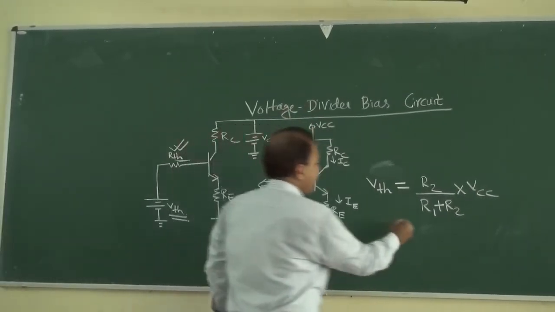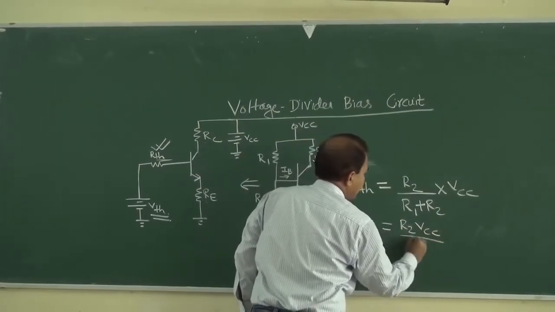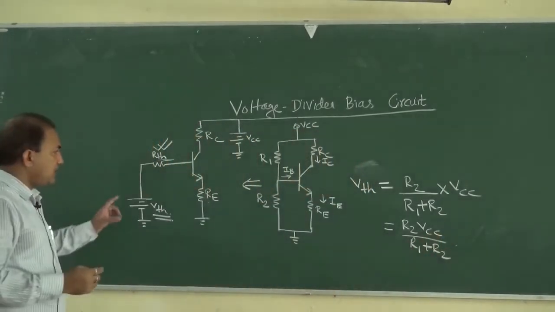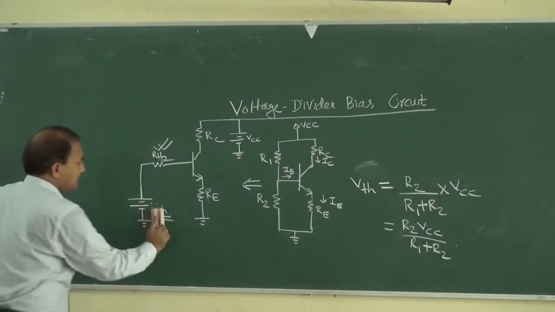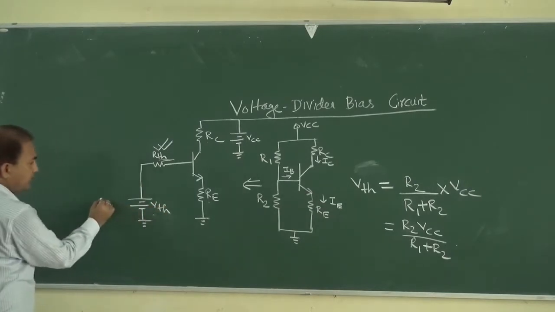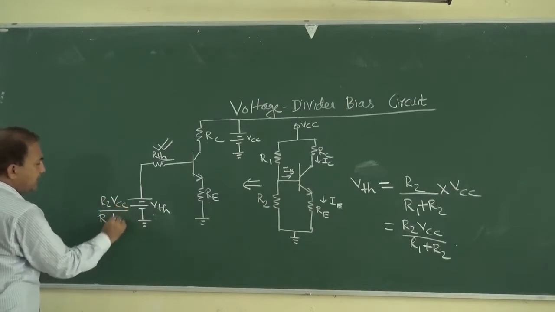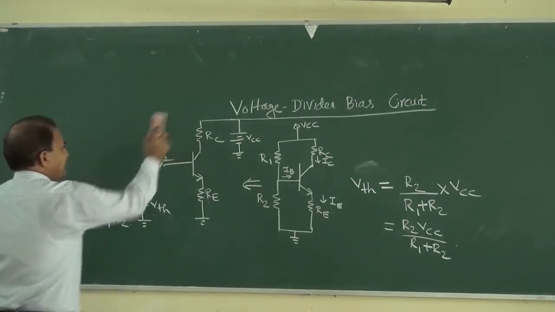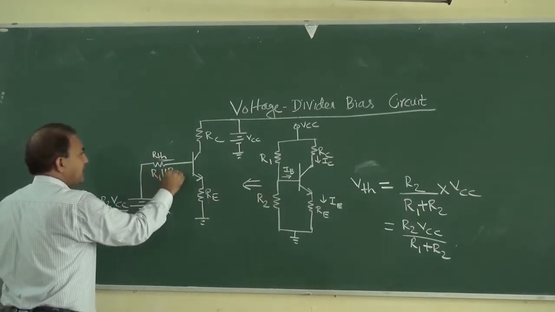So it is equal to R2 VCC divided by R1 plus R2. So VTH is equal to R2 VCC divided by R1 plus R2, and RTH is equal to R1 in parallel with R2.